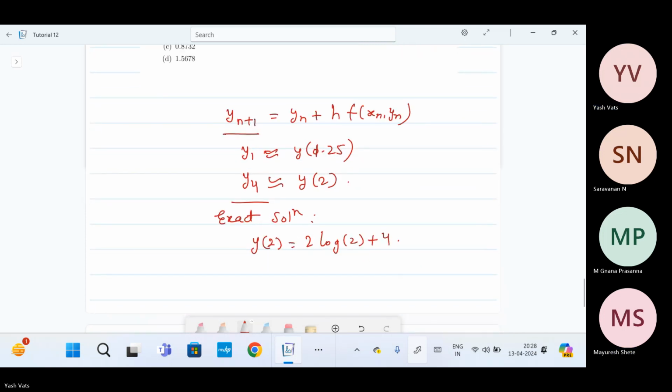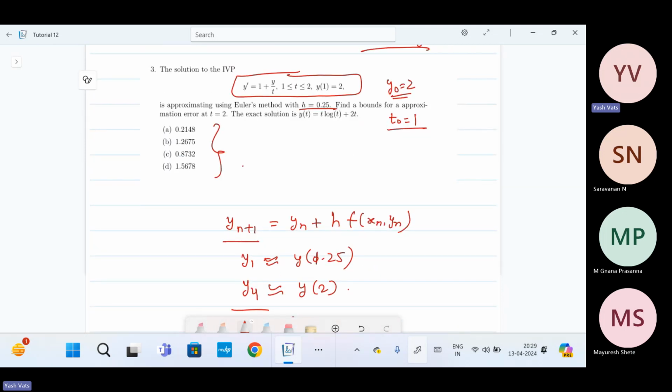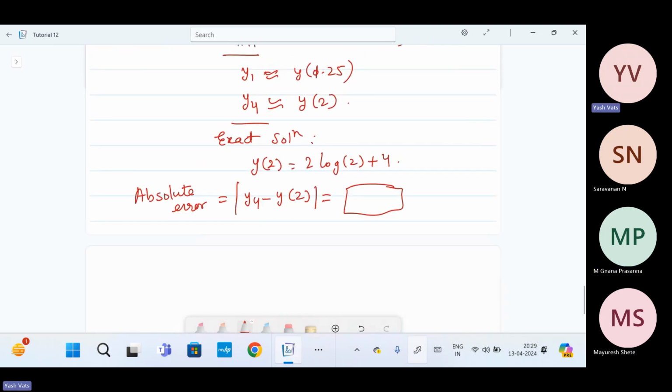Then you just subtract y4 minus y2 to get the absolute error, and check the correct option, which is the bounds. It means you need to find the value of a, which is less than or equal to something, greater than or equal to.